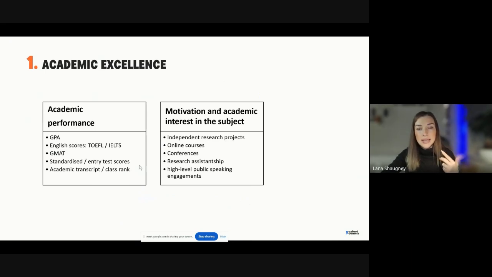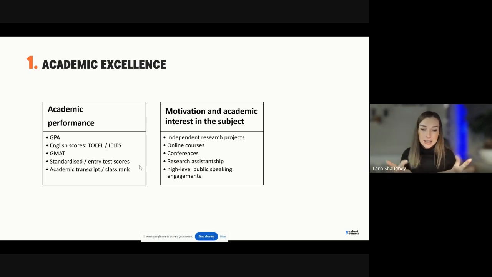So in terms of your academic excellence, we're talking about your grades. If you're not a native English speaker, we're talking about your IELTS and TOEFL, any standardized tests that you need to take, and academic transcripts. What I think is sometimes really good to say in your personal statement is your class rank. This is what your transcripts would not show, but some of our students say, I've got, let's say, 9 out of 10, but actually I was in the top 1% of my class cohort.